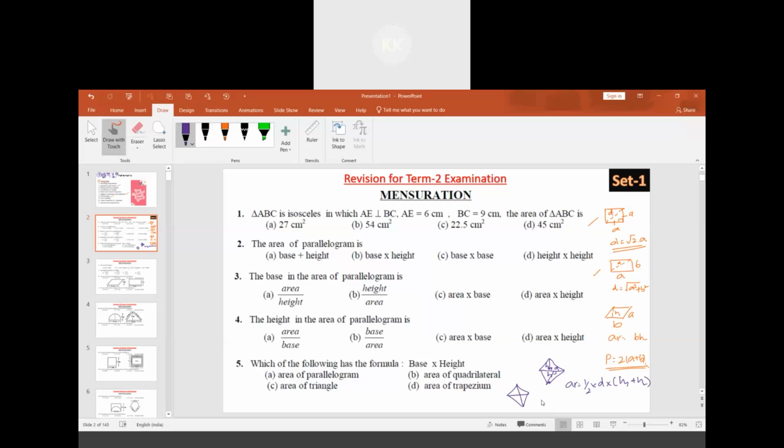For a rhombus, if the diagonals are given by d1, d2, its area is half into product of the diagonals, half d1 d2. These are the formulas. Apart from this, there was area of trapezium also, half h into sum of parallel sides. These are the formulas with respect to 2 dimensions.